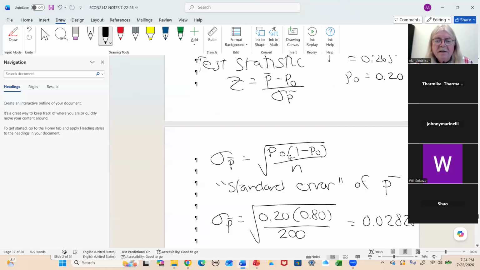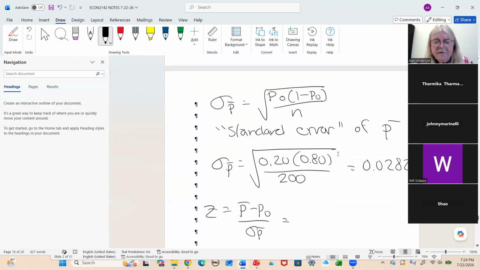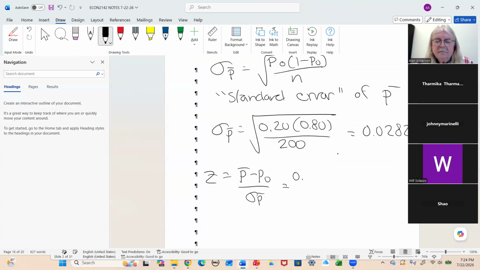So the numerator is p bar minus p0. And we determine the p bar is 0.265. It's almost exactly 2.3.